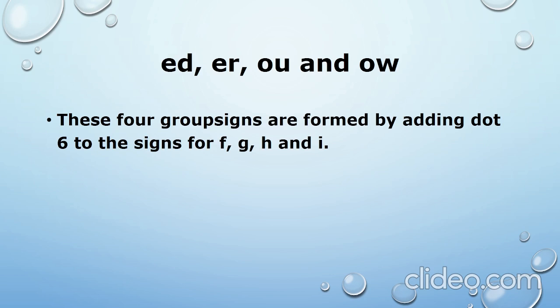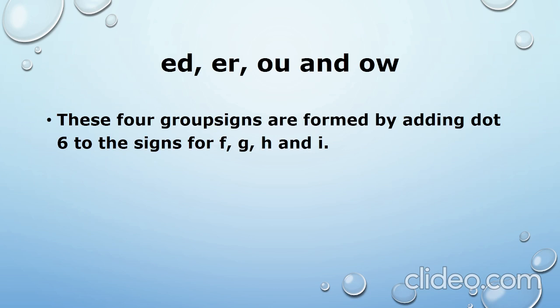These 4 contractions can be used as group signs, but 1 out of the 4 can be used as both a group sign and a word sign, and that is the contraction for OU.